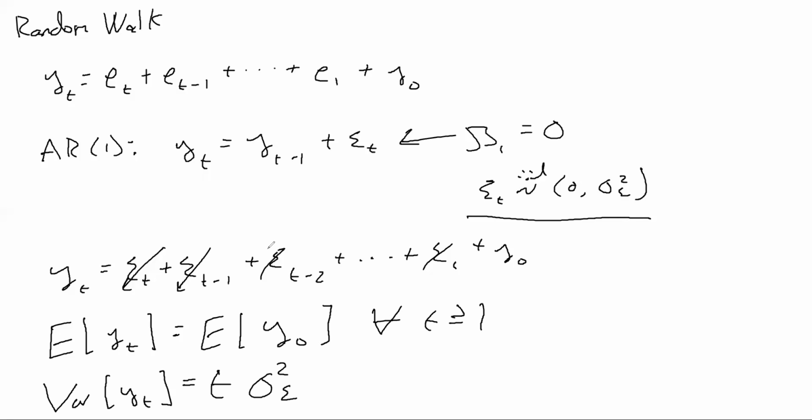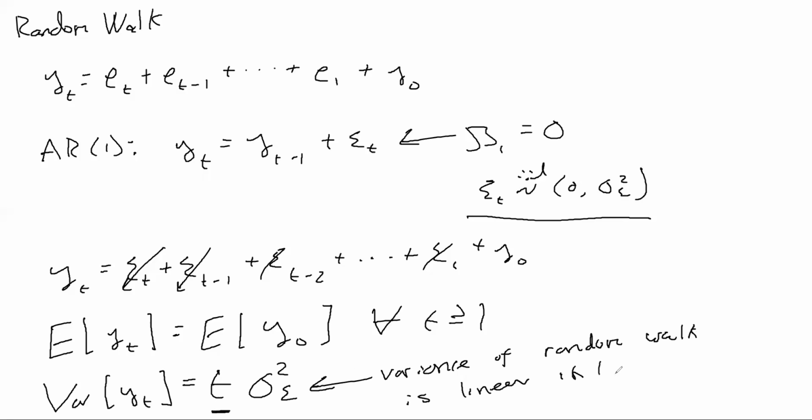So this means that the variance of a random walk is a linear function of time. It's linear because they're just multiplied. It's not time squared, it's just multiplied by time. So the variance of a random walk is linear in time.